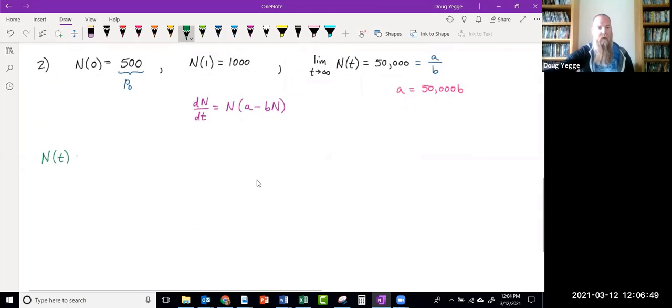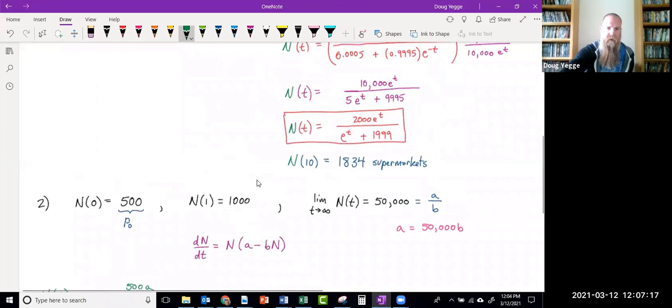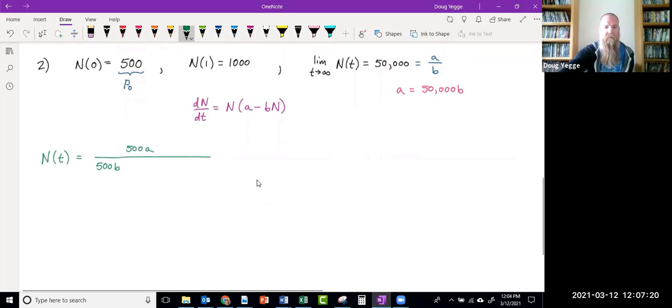So N of T should be the initial population times A, so 500 times A, over the initial population times B, and that was a plus or minus? It was plus A minus B times that population, which is A minus 500B, times E to the negative AT.